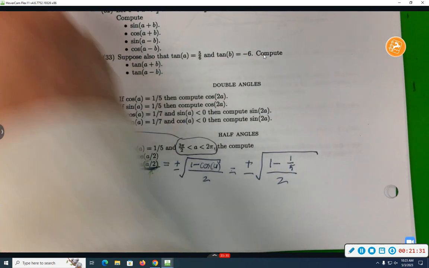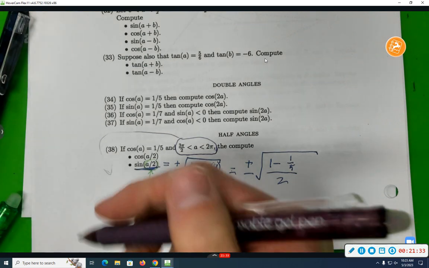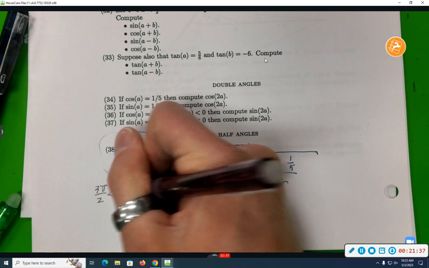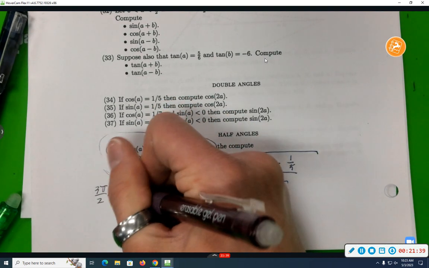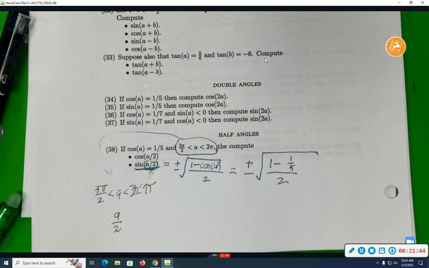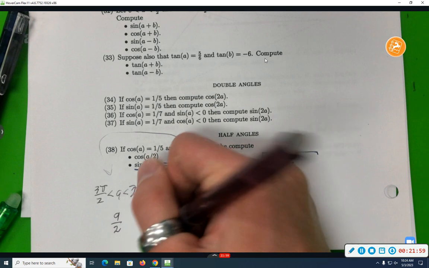So you know that 3 pi over 2 is less than A is less than 2 pi. I need to know where A over 2 lives. So, given the inequality written right above, how would you figure out something about A over 2? Not even cosine inverse.